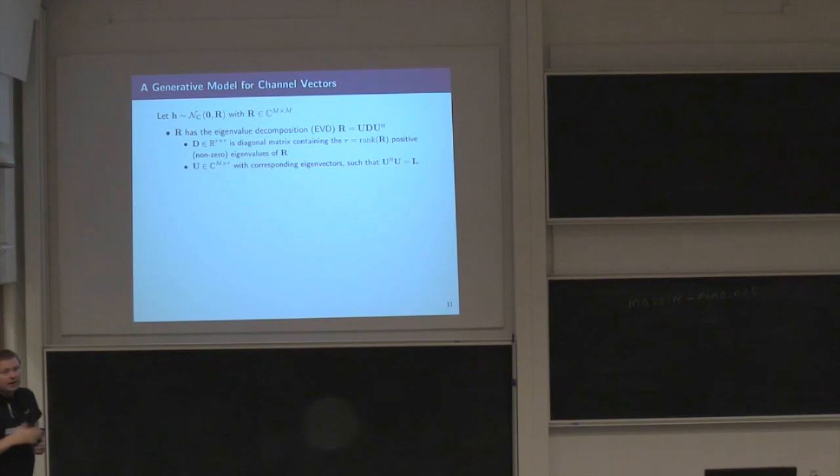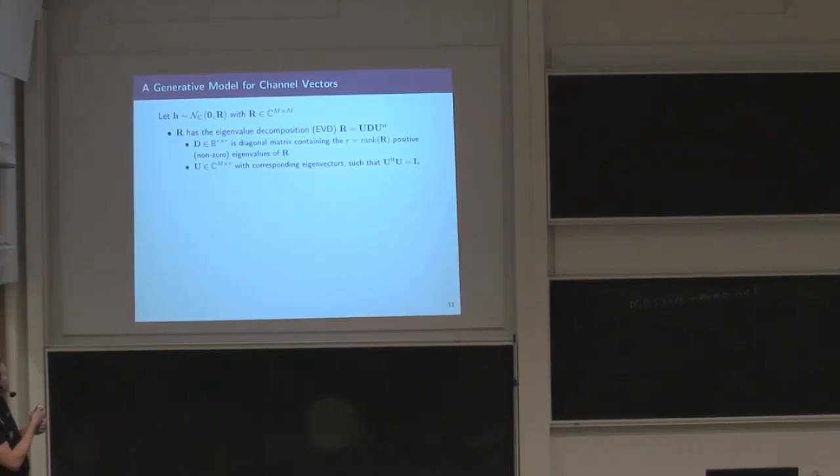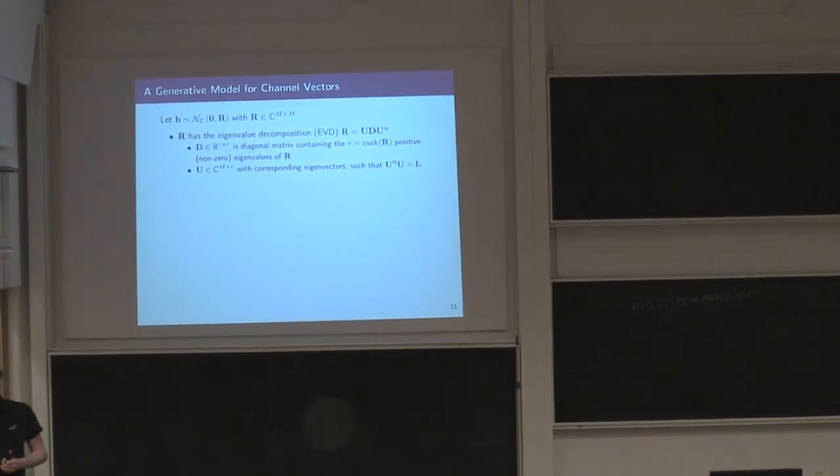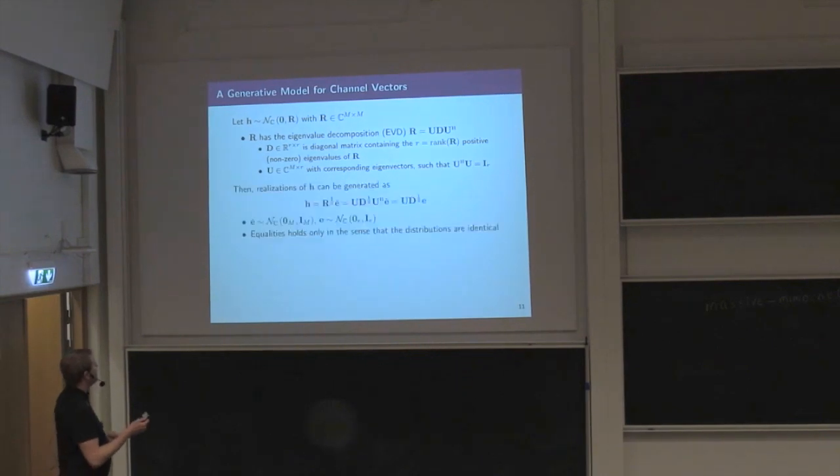There could be some eigenvalues equal to zero if you have a lower rank R than you have antennas M, for example. In that case, this D only contains those eigenvalues, and this U here is not really a unitary matrix because it only has R columns. We can omit the eigenvectors that belong to zero eigenvalues.